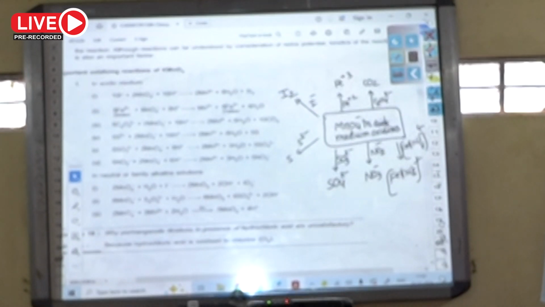These are all oxidizing properties of permanganate in acidic medium.